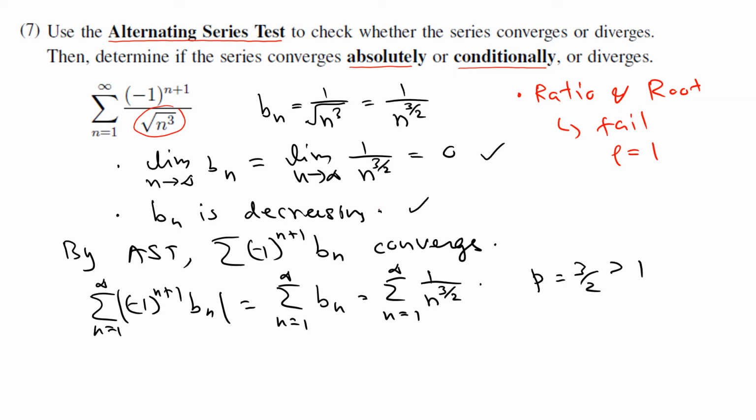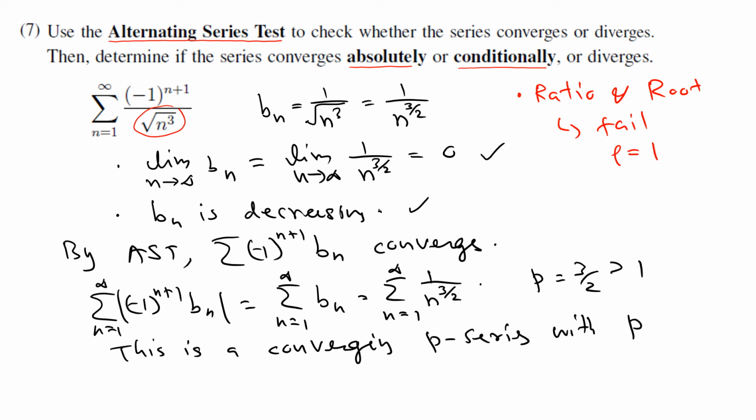Okay, so this is a converging p series with p greater than 1. That means the absolute series converges. Therefore, this series converges absolutely.